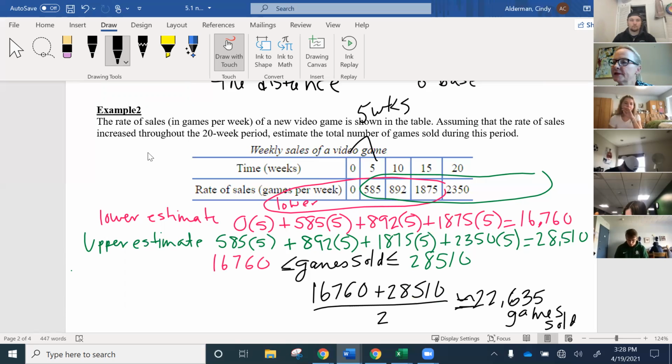Okay, let's look at another application. Let me wait a second. It looks like people are still writing.